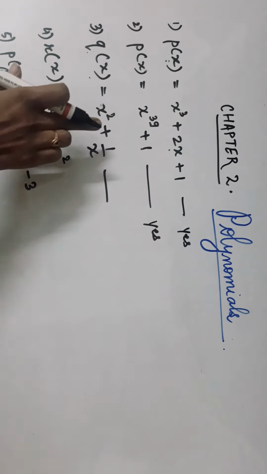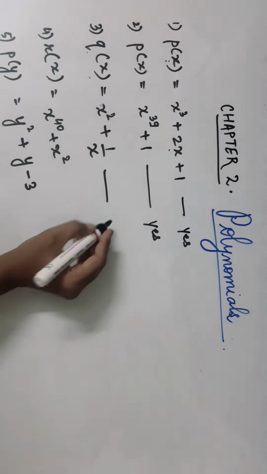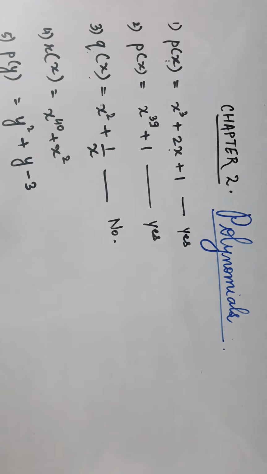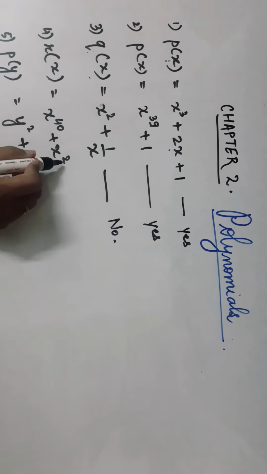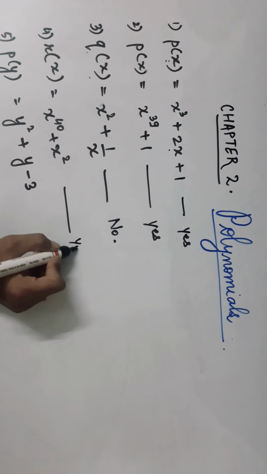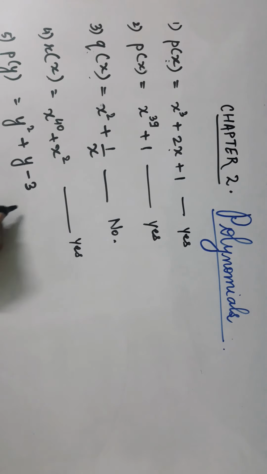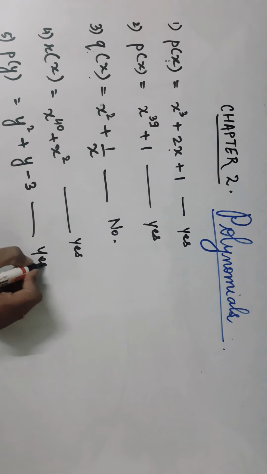It will be x raised to minus 1, so no, it is not a polynomial because the power is minus 1, which is not a whole number. Now here x raised to 40, x square, 40 and 2 both are whole numbers, so yes, it is a polynomial. What about this P of y, y square plus y minus 3? Again the powers are whole numbers, so yes, it is a polynomial.